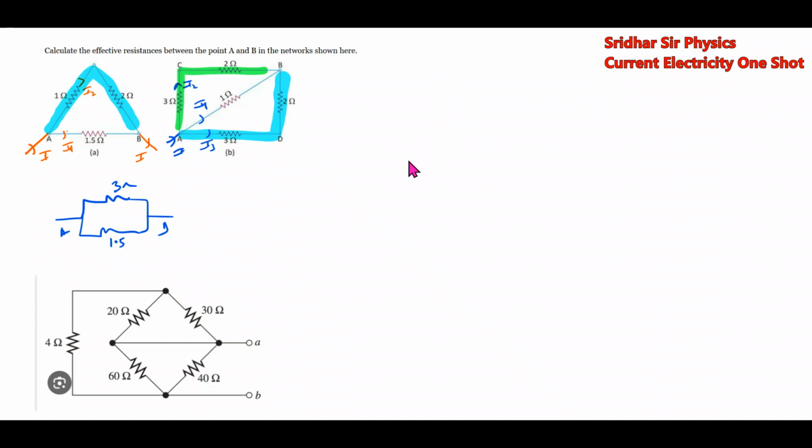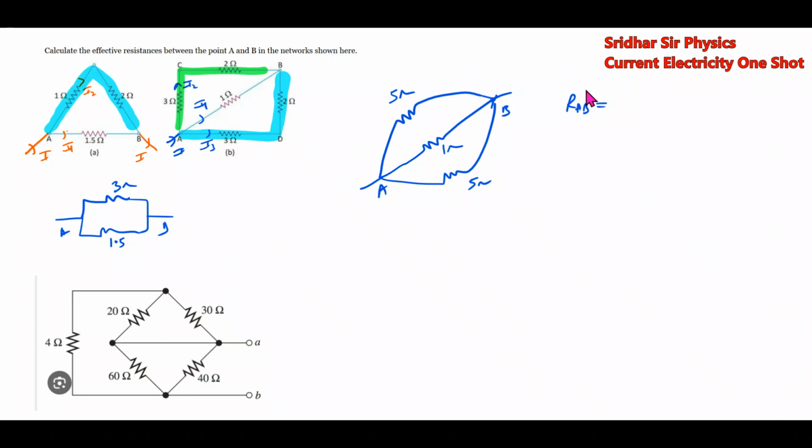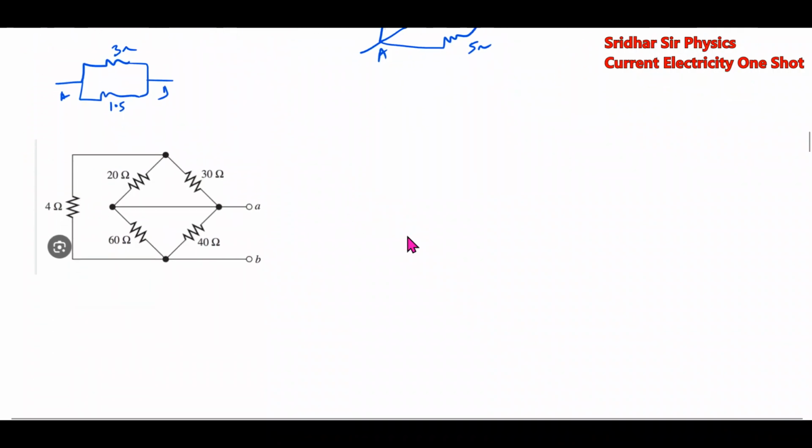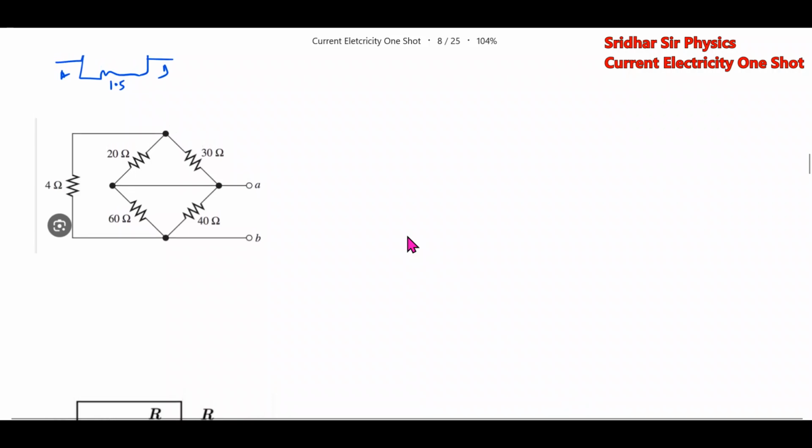So redrawing the circuit, 5 ohm, 1 ohm, 5 ohm. RAB, 1 by RAB equal to 1 by 1 plus 1 by 5 plus 1 by 5. Identifying series parallel.